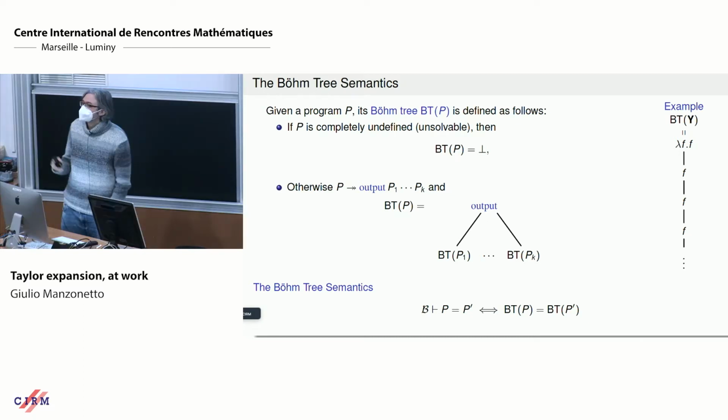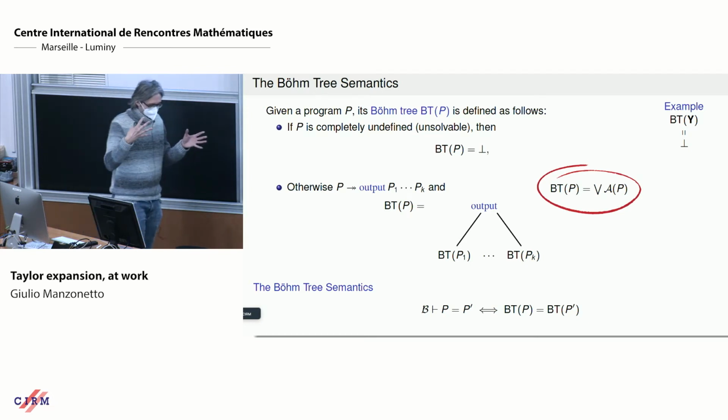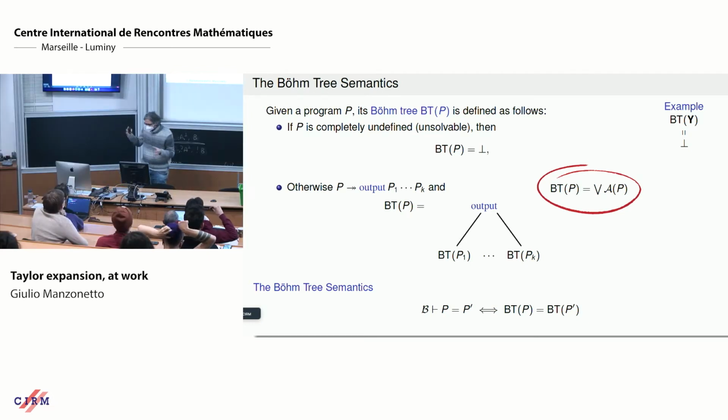So if you lived in the 70s, where these notions were introduced, this was scary. And that's why researchers tried to understand what was going on using an approximation theorem, saying that the Böhm tree of a program can be seen as the supremum of all its finite approximants.